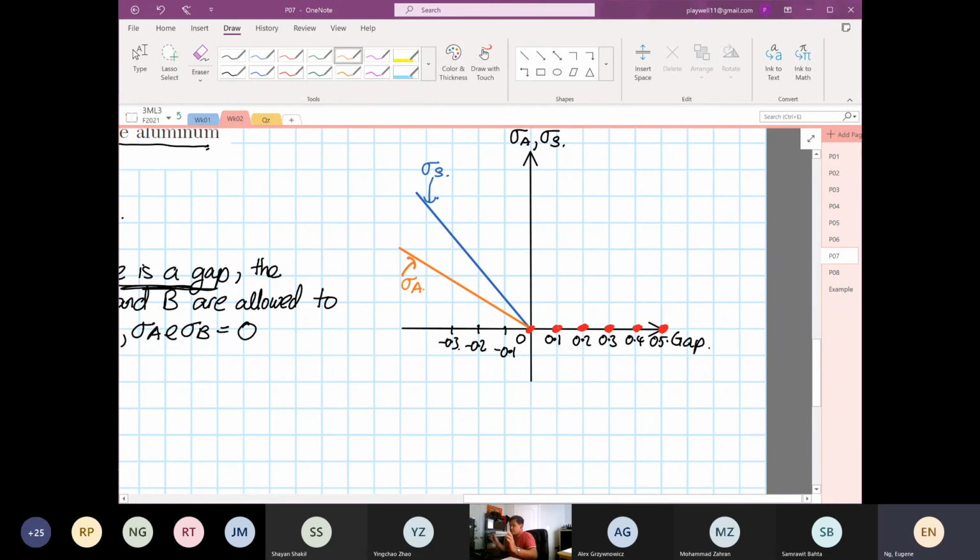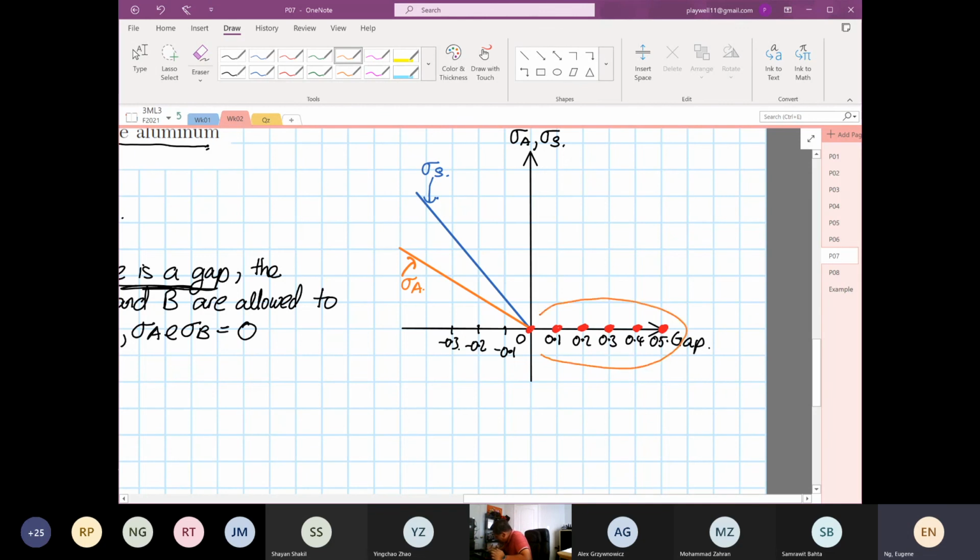Now, this is just the trend. On the left-hand side, when the gaps get more negative, the stresses increase. Physically, you cannot get a negative gap, but a negative gap means it's in full contact.